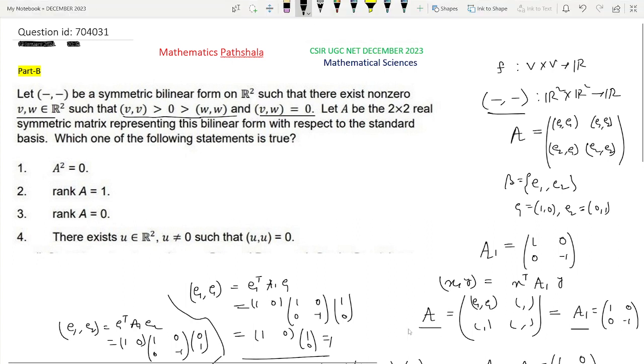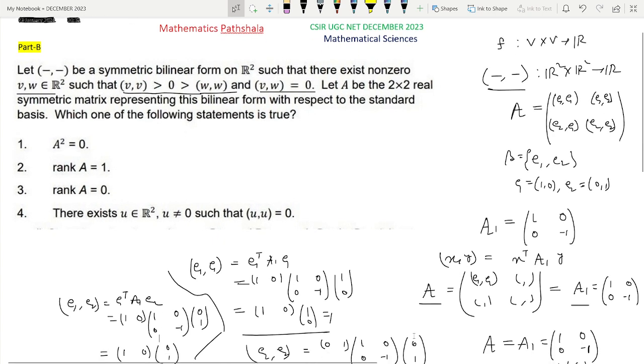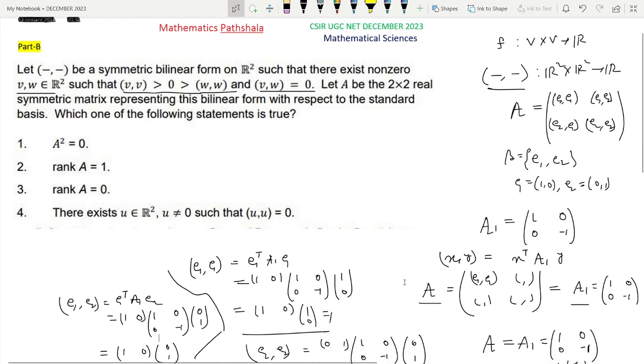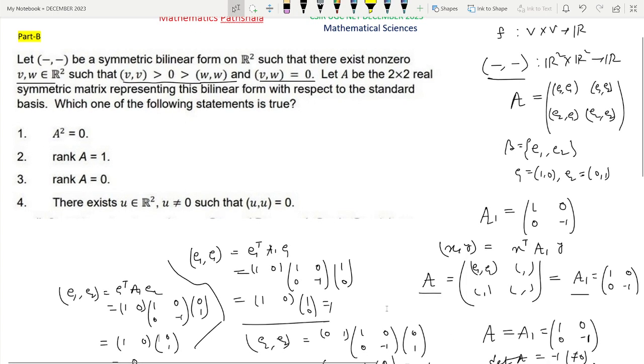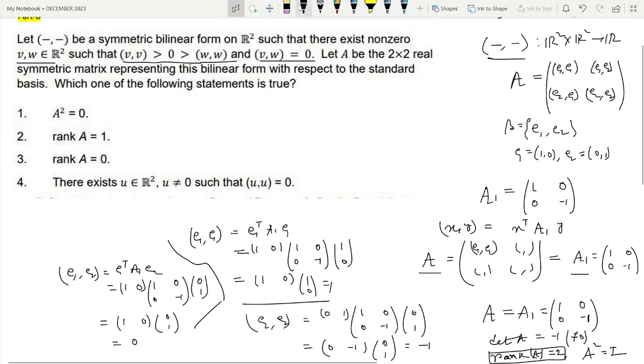So for this bilinear form, for this A, the matrix representing this bilinear form, A square equal to I. So option 1, A square equal to 0, is not true in general.